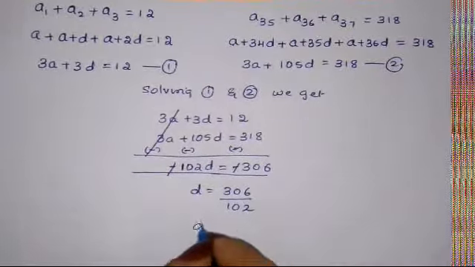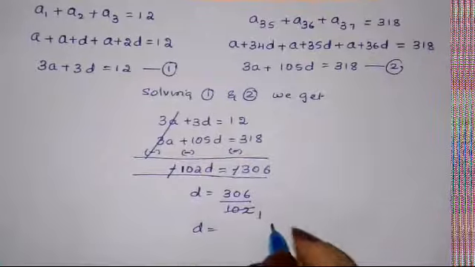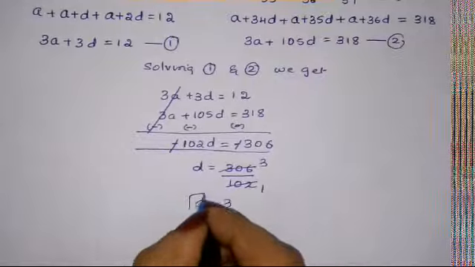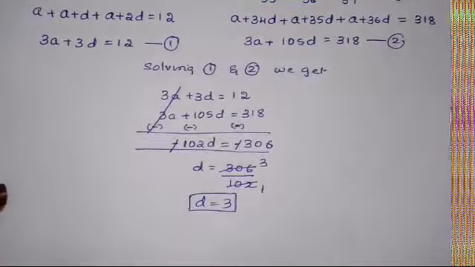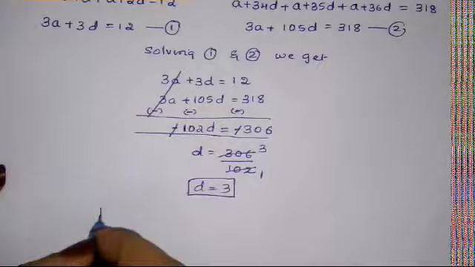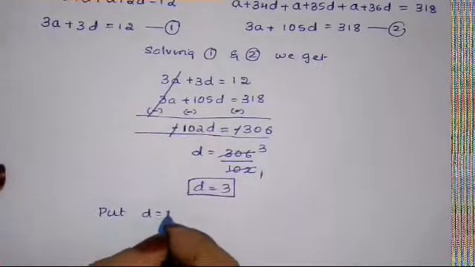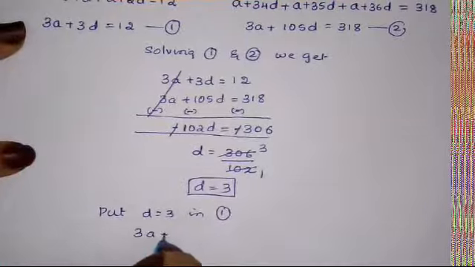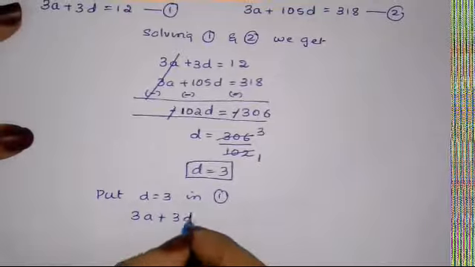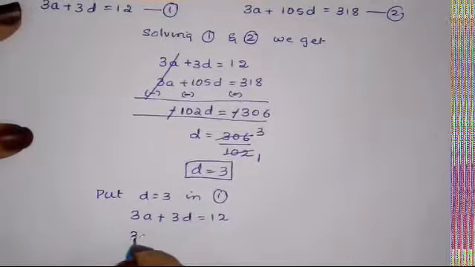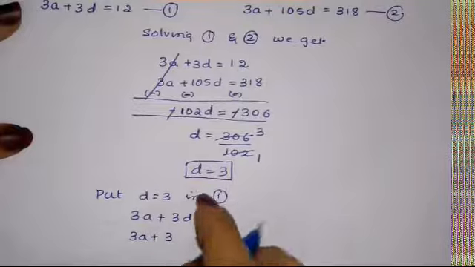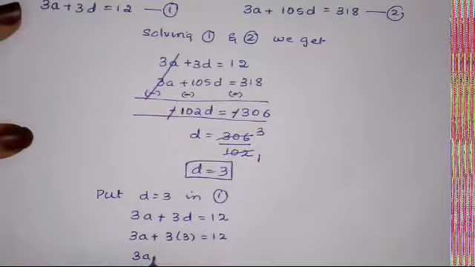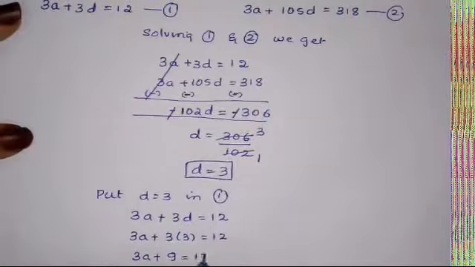102 1s are 102, 102 3s are 306. So we got D value as 3. Now let us substitute this value. Put D is equal to 3 in equation 1: 3A plus 3D is equal to 12. 3A plus 3 3s are 9 is equal to 12.